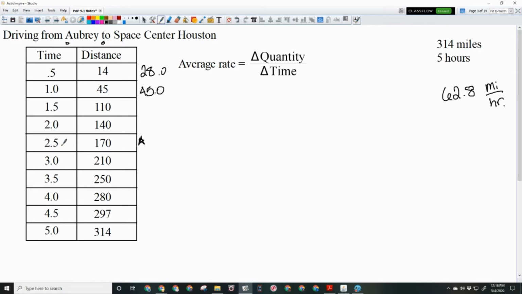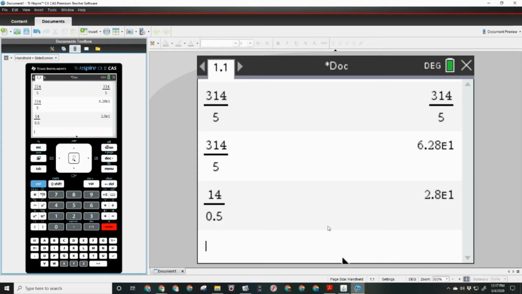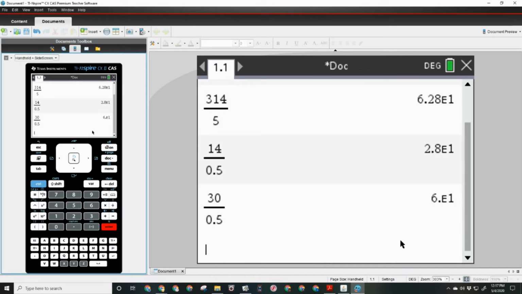So between 2 and 2.5, we did a 0.5, right? And 140 to 170, that is 30. Okay. So if we take 30 divided by 0.5, all right, so that's 60 miles an hour. And that makes sense because we're out on an interstate, maybe driving faster.